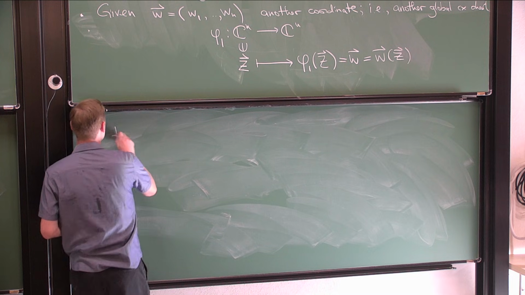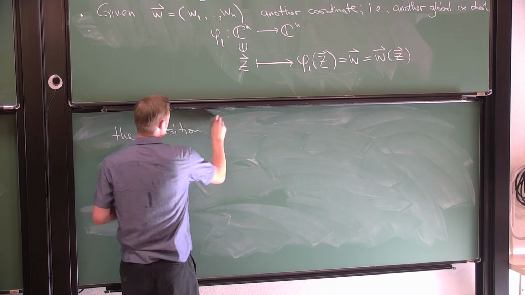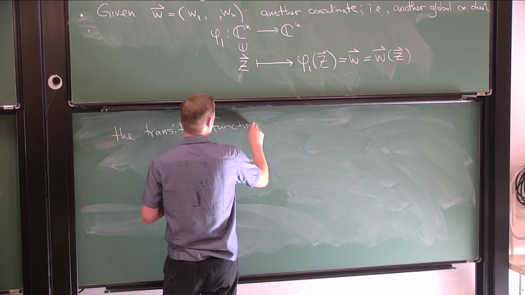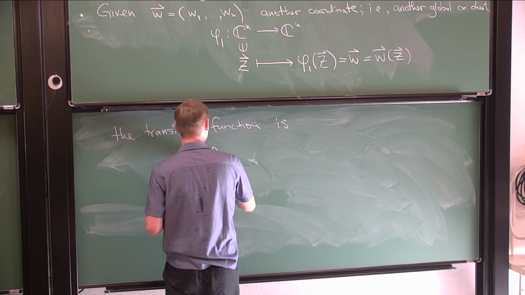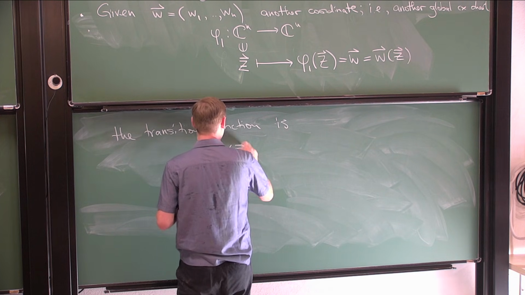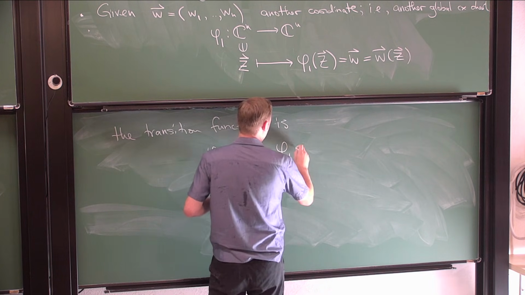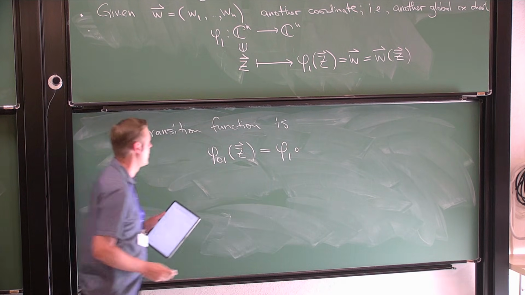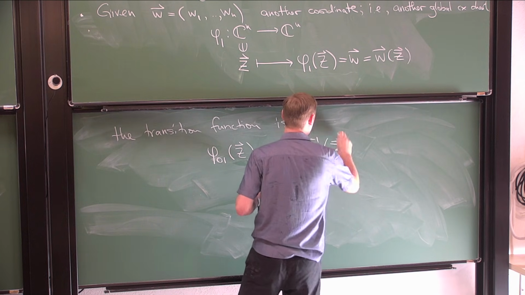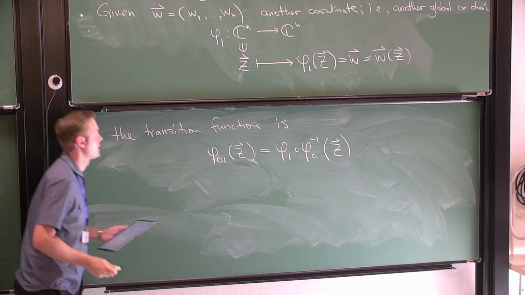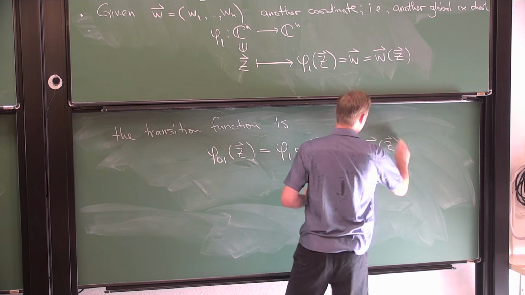So the transition function, what is it? It's phi 0,1 of z, and that is the ratio of phi 1 and phi 0. And, well, that is exactly this function, whatever function I came up with.